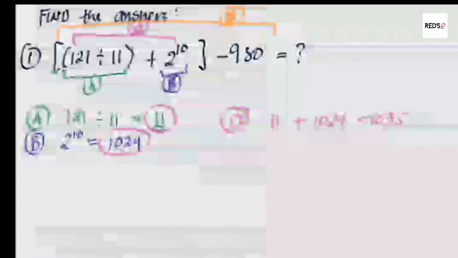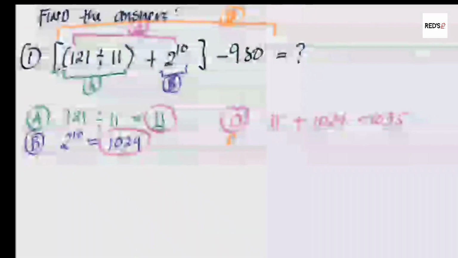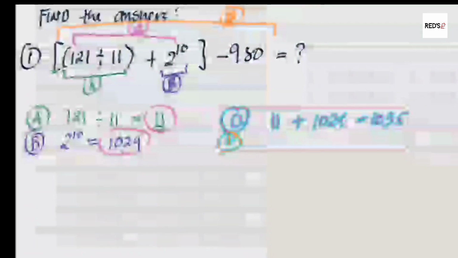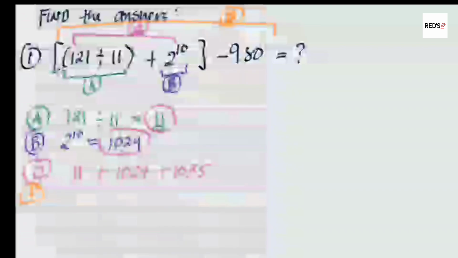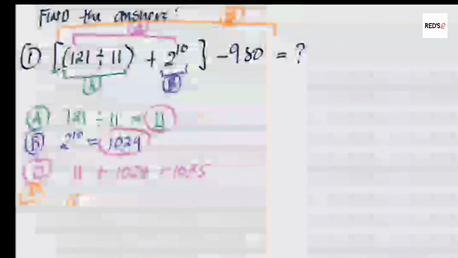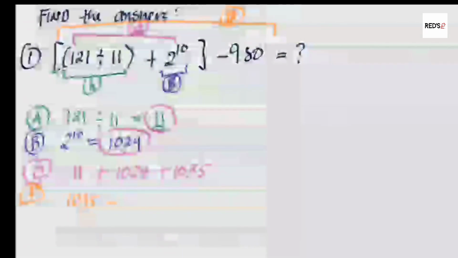And lastly, for the orange step, letter D. Orange here, let's just put them here below. Okay, orange, we have 1035 minus 980. So what do you think should be the answer?